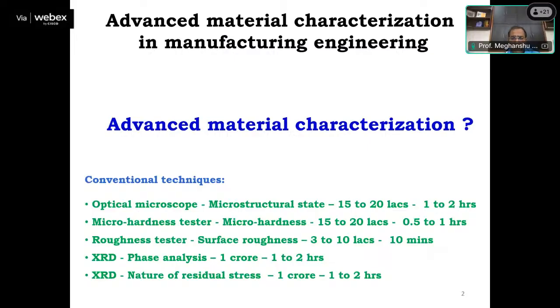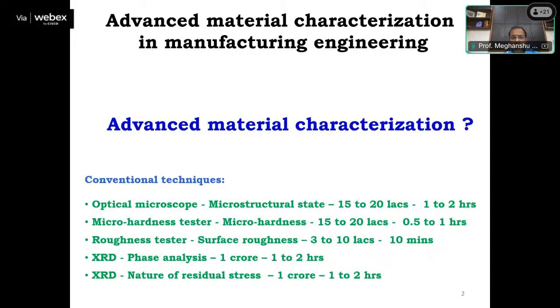In case of assessment of micro hardness, a micro hardness tester is there. This micro hardness tester is also procured in the same cost range in which we can procure the optical microscope, that is 15 to 20 lakh rupees. The time to assess the micro hardness of the component is approximately half an hour to 1 hour.